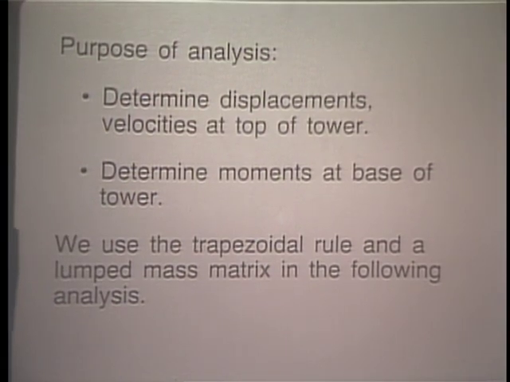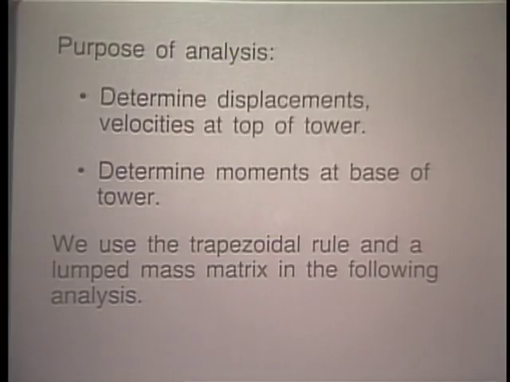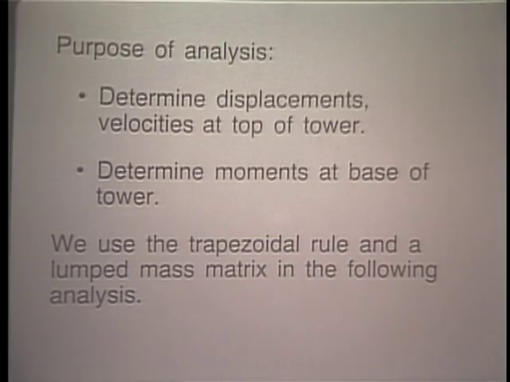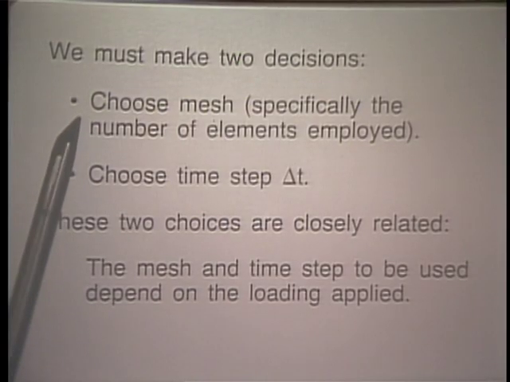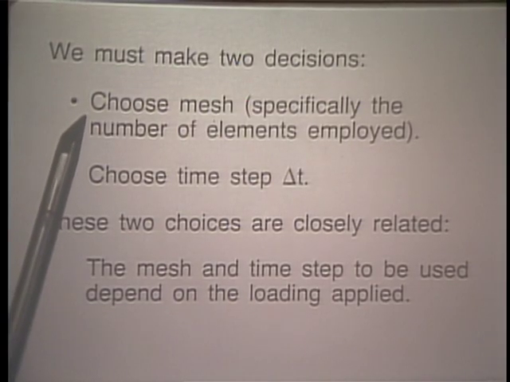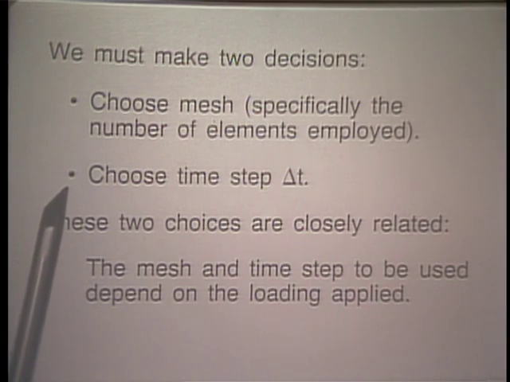And in this particular analysis, we use the trapezoidal rule and the lumped mass matrix to solve the problem. We must make a number of decisions here, and two decisions are most important. We must choose a mesh, in other words, we have to establish an appropriate finite element discretization for the tower, and we have to choose a time step for the time integration.